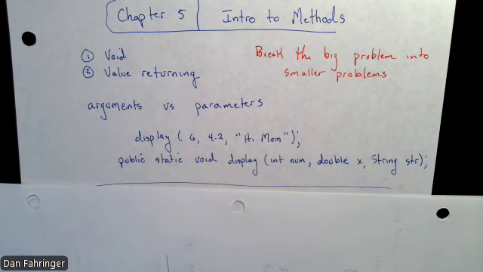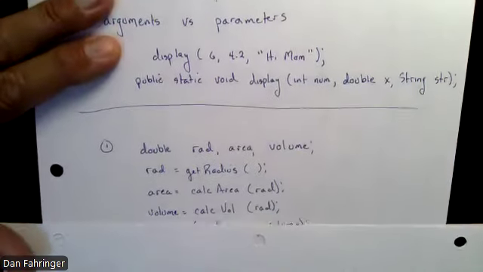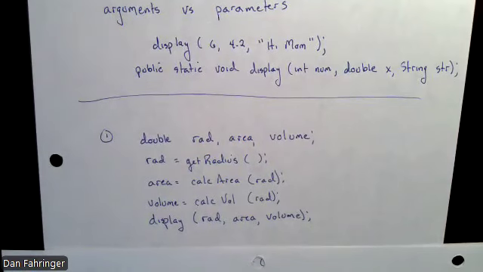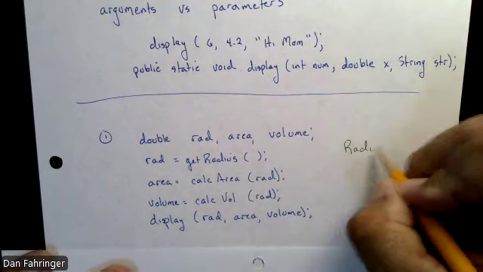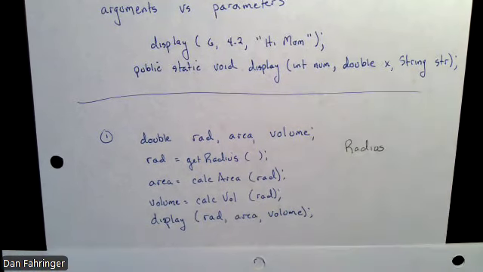But this, so I'm going to start out, and as a group, we're going to work on this program where I want to find out information about a circle. So the only thing that I need is the radius. This is the only thing I need to know about a circle, because everything after that comes as a result of the radius.